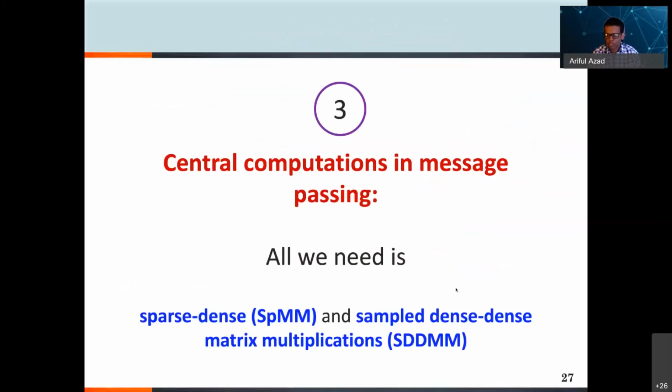So that was my part 2. That means I'm saying that for most graph machine learning algorithms, we can use a message passing interface or message passing system to develop any graph embedding algorithm.